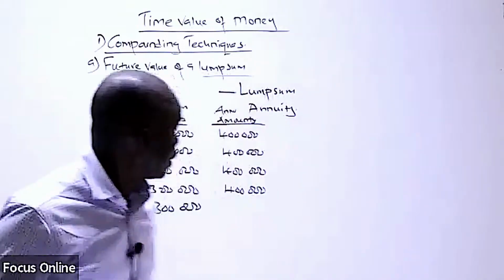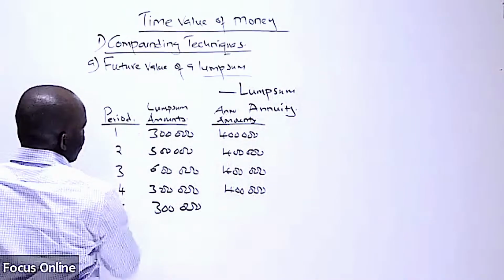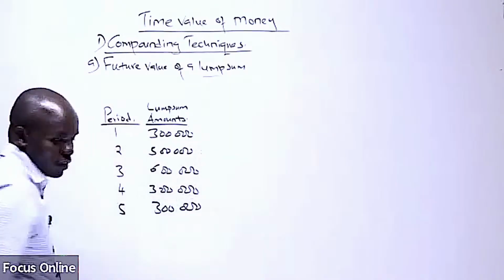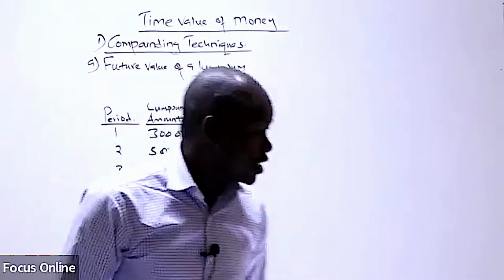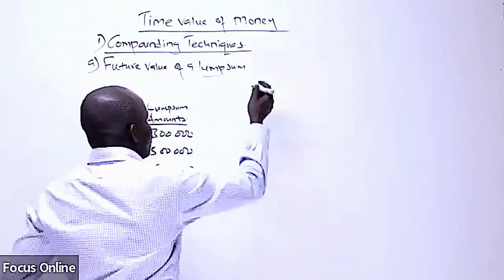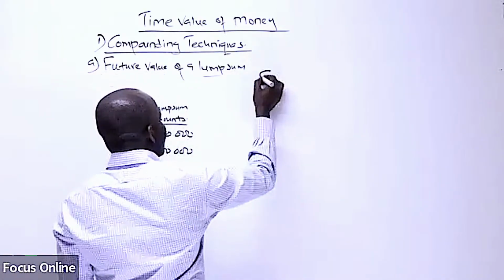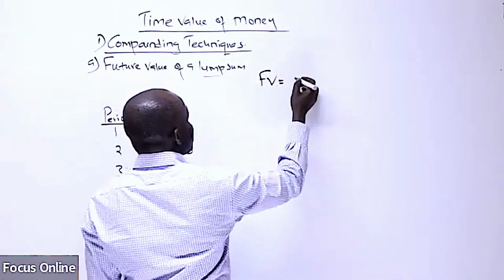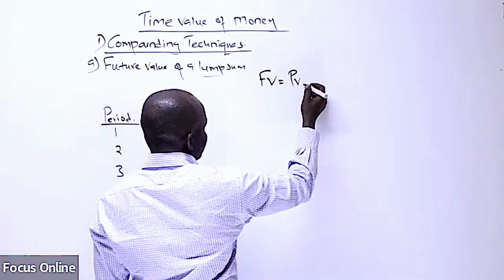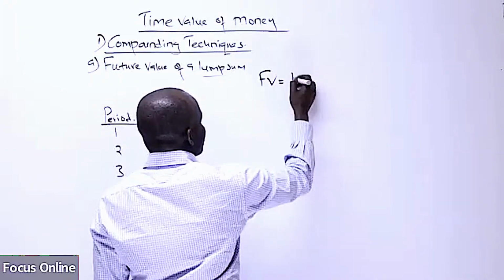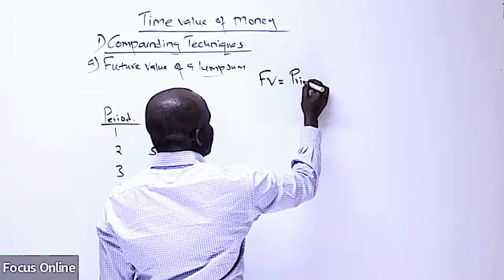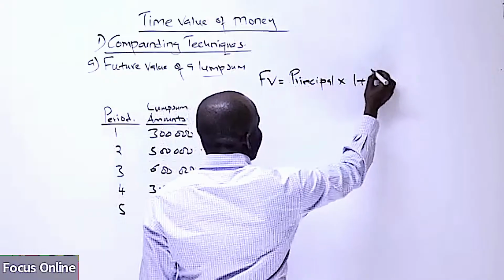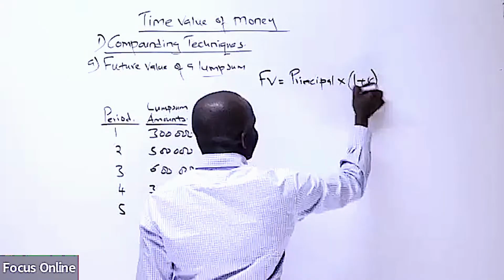So we are now looking at the future value of a lump sum. When you want to determine the future value of a lump sum, FV, the future value of a lump sum is equal to the present value, or let's say principal, times 1 plus r power n.